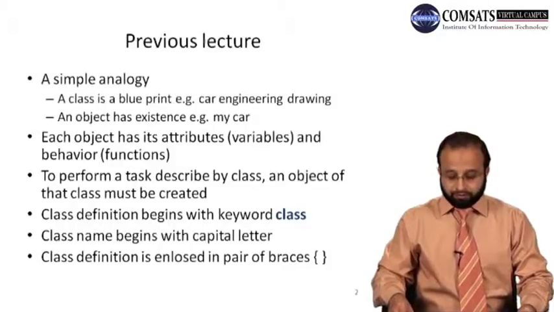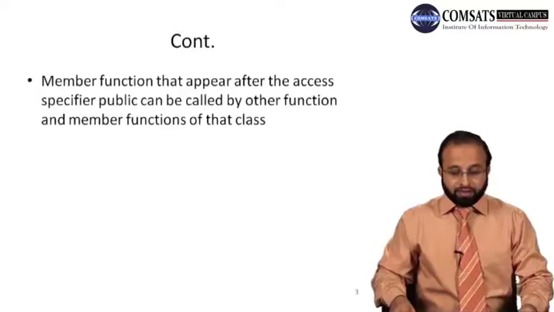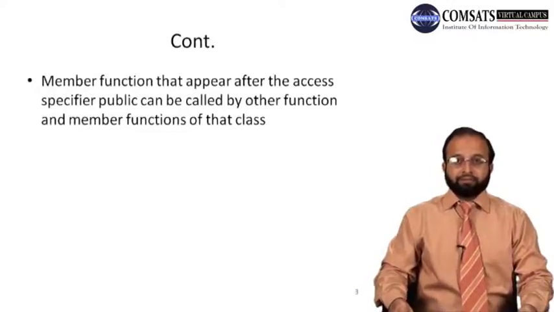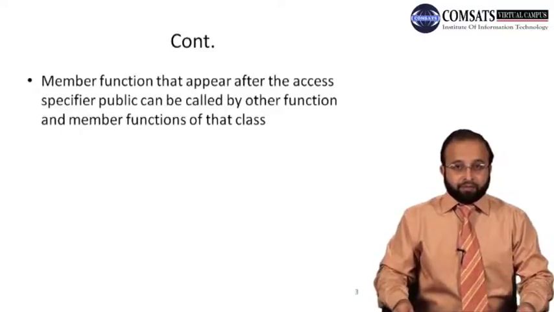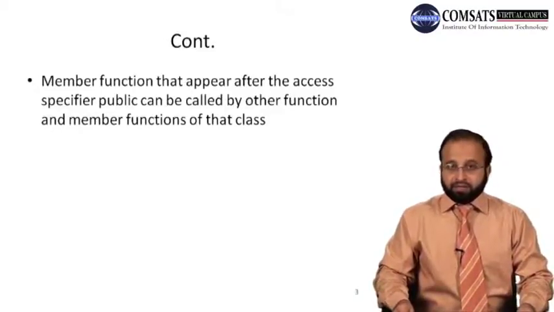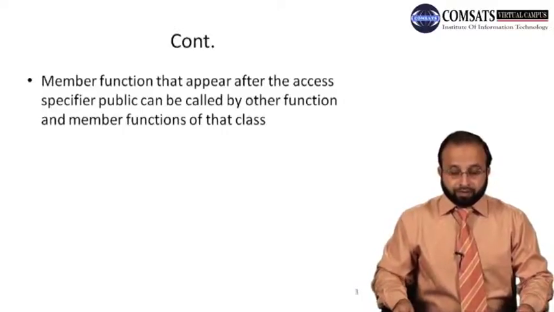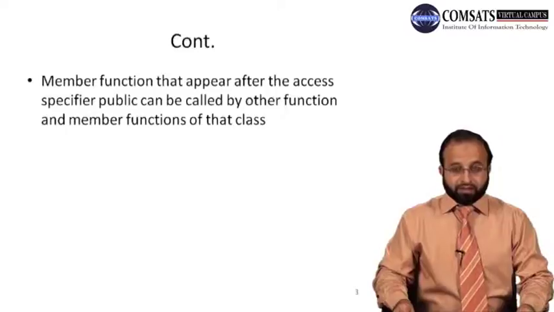A member function that appears after the access specifier public can be called by other functions and member functions of that class. We have seen two kinds of access specifier. The public access specifier means that a particular function appears after the access specifier public.